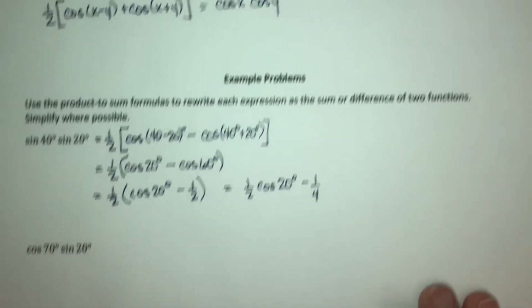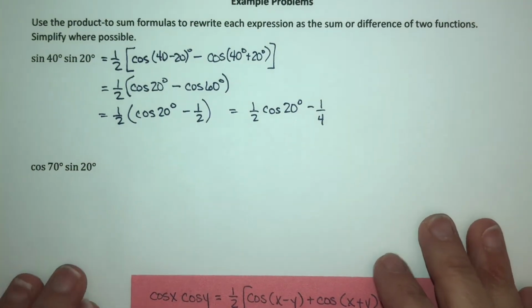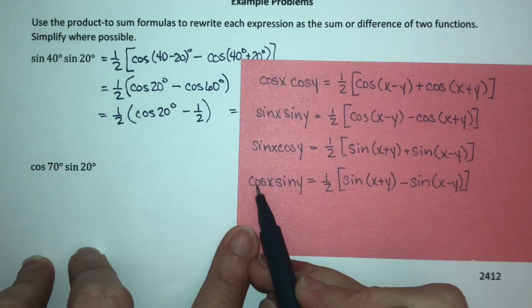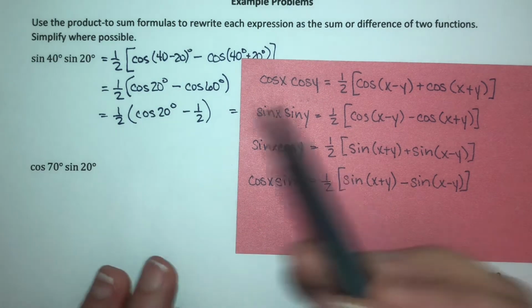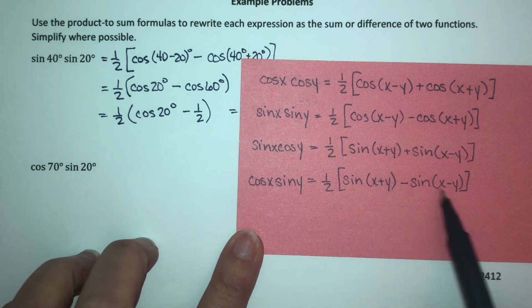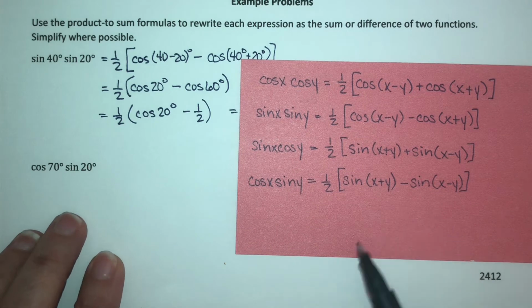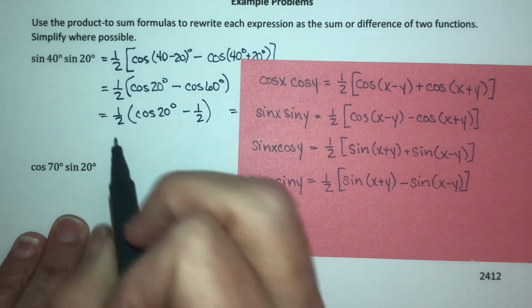Okay. Now let's do the same thing for cosine of 70 degrees times sine of 20 degrees. Cosine, then sine. Even though you can switch the order when multiplying, you do want to make sure that you're keeping things in the correct order here, because it really does matter which one you call x and which one you call y.